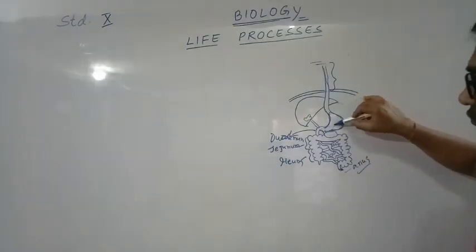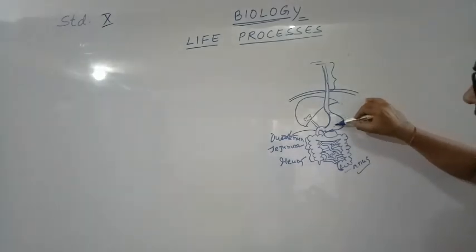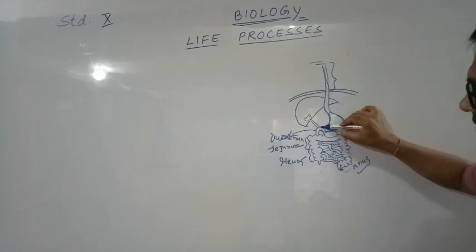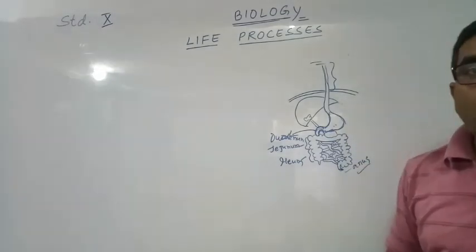After the food becomes chyme and is released from the stomach, it enters the duodenum. This is the first and smallest part of the small intestine.